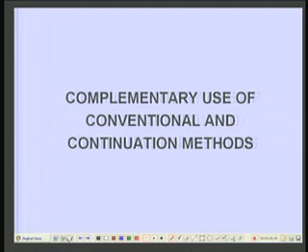You are operating at initial condition, you give increment in load, again perform the load flow analysis, find out the new solution, and till you come very close to the critical point, you can keep on using the conventional load flow. But at the critical point the Jacobian becomes singular, and therefore, before or closer to the critical point, you can now resort to the continuation load flow algorithm and obtain the operating points, which are the critical operating points.